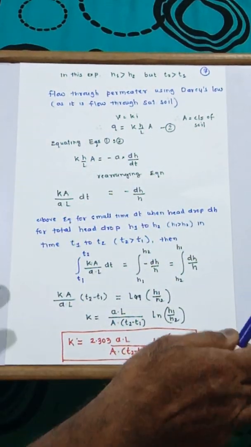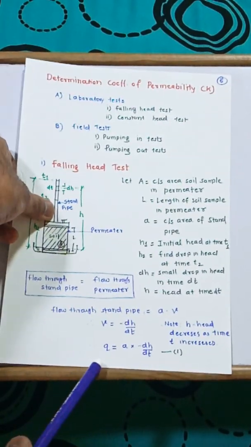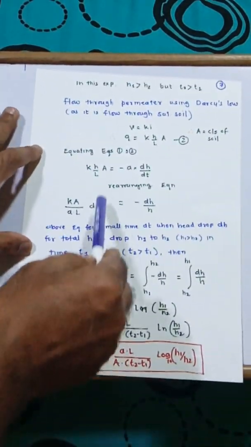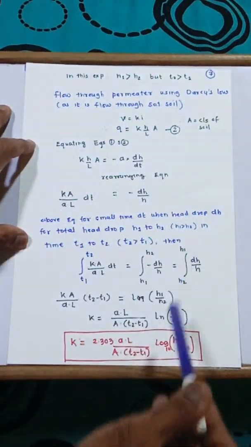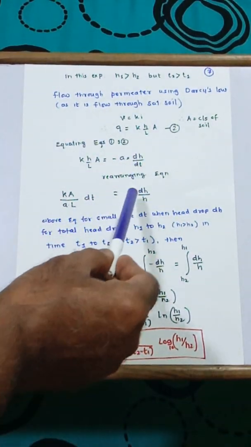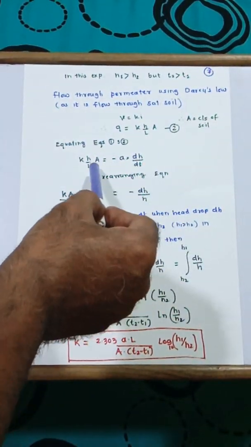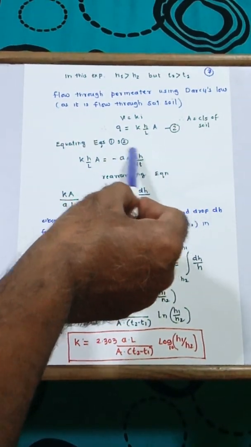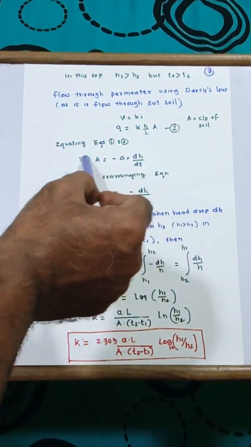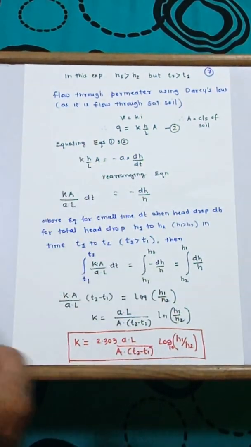So equating these two equations, the earlier equation of Q, that is flow through the pipe, and the equation of flow through the soil using Darcy's law, and rearranging the terms, taking the common terms, this side is dh, so I will take h on the right hand side and dt on the left hand side, other parameters on the left hand side.